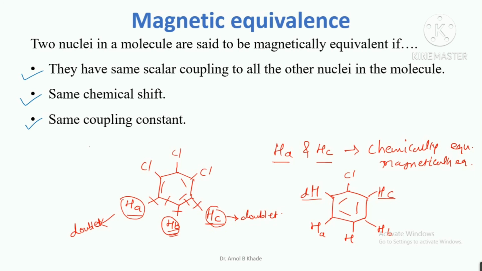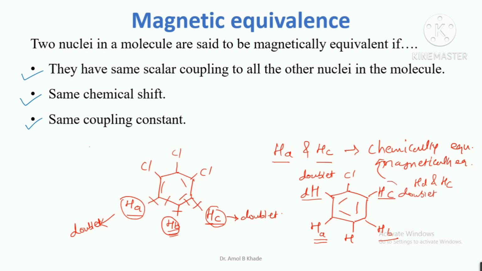Similarly for this one, we can have a center of symmetry or line of symmetry, and we can say proton D and proton C are chemically equivalent. But are they magnetically equivalent or not? Proton D appears as a doublet because the neighboring carbon has 1 proton, that is proton A. Similarly proton C, with the neighboring carbon bearing HB, will also appear as a doublet.